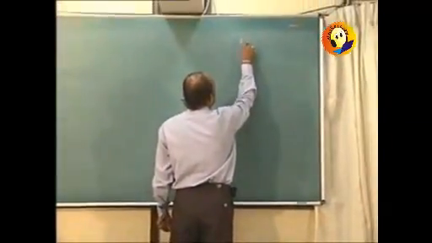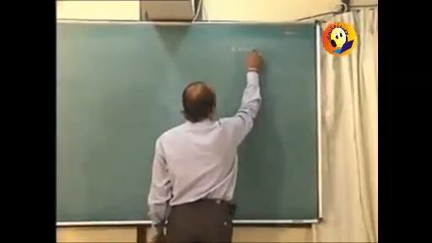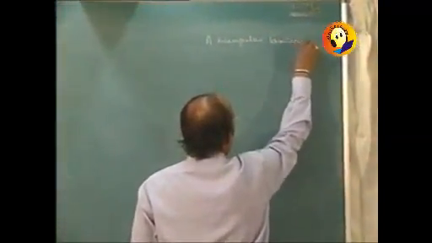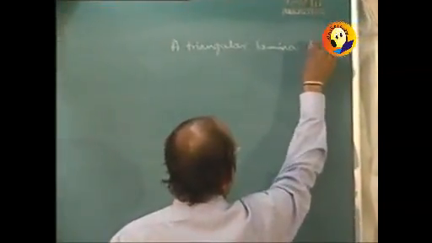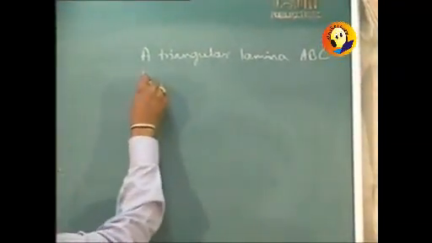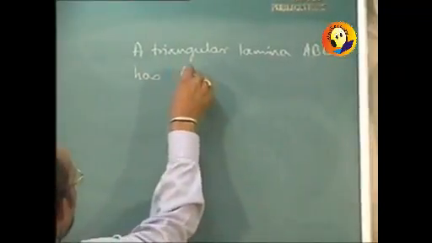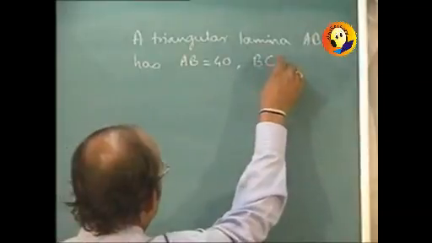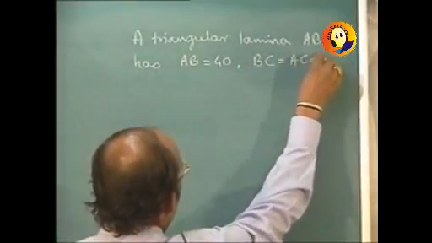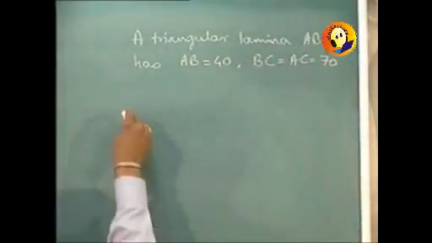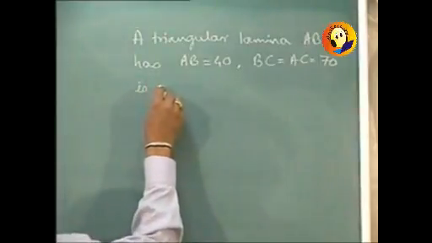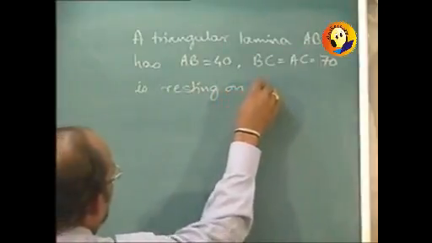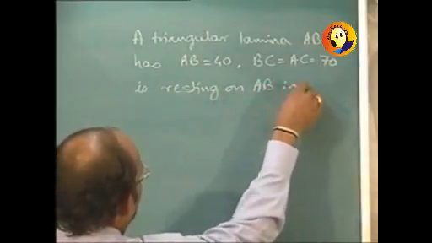A triangular lamina ABC has AB equal to 40 millimeters, BC equal to AC equal to 70 millimeters, and is resting on AB in HP.